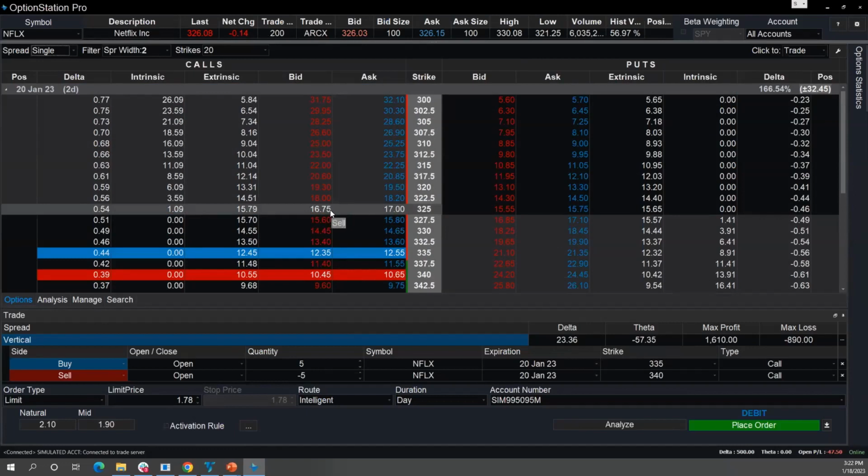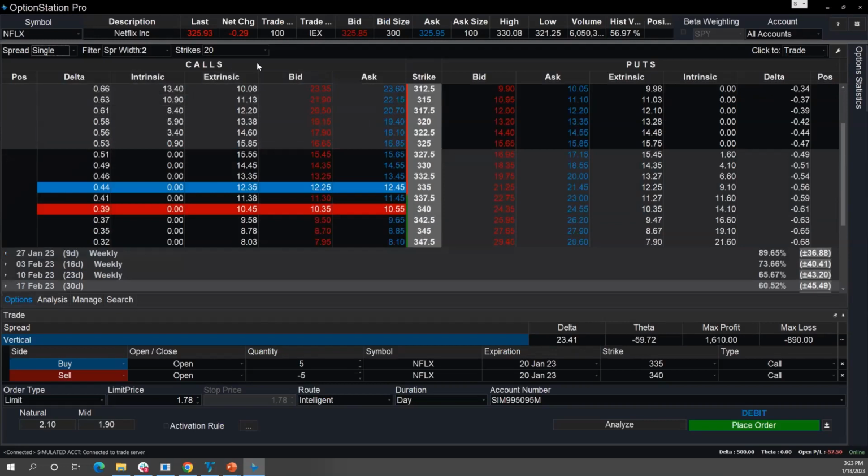If you were to buy, you'd have to pay $17, but if you sold, you get 16 and 3/4. This bid-ask spread, for a stock, is not that wide, but with options, this can cost you a lot of money. So the more liquid a stock is as an underlier, the more options it trades, typically the tighter the bid-ask spreads are going to be on it.